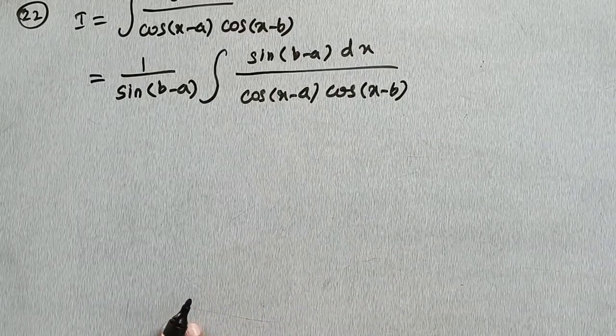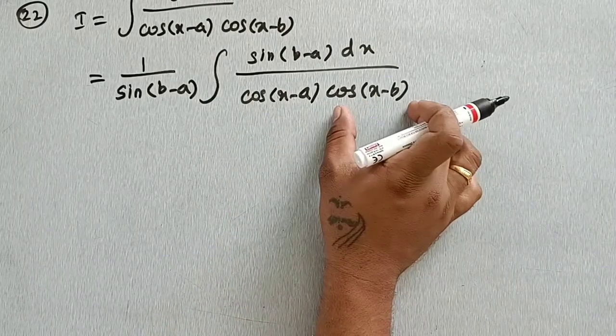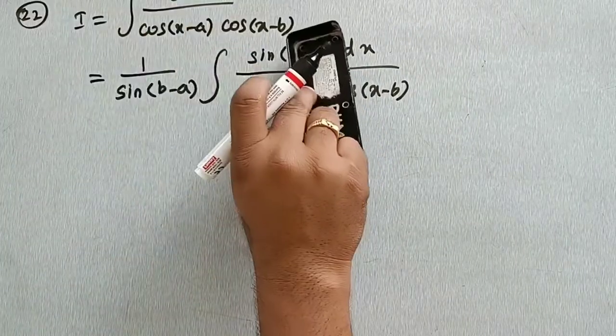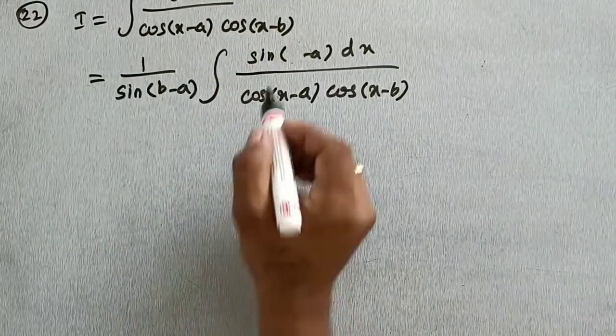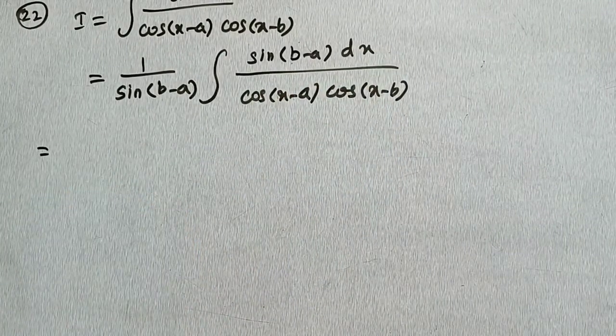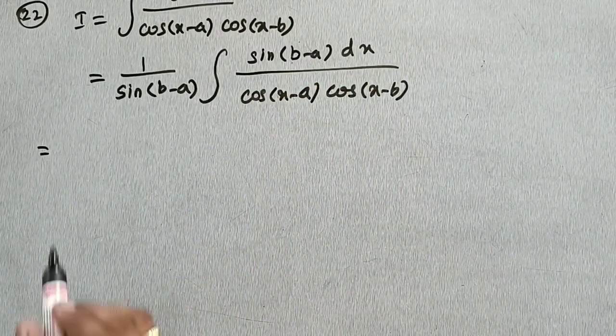I need cos x minus a and cos x minus b in the numerator, so I am going to use that. Now I don't have an x term in the numerator, so I am introducing an x term, and to compensate for that, I am subtracting the x term.